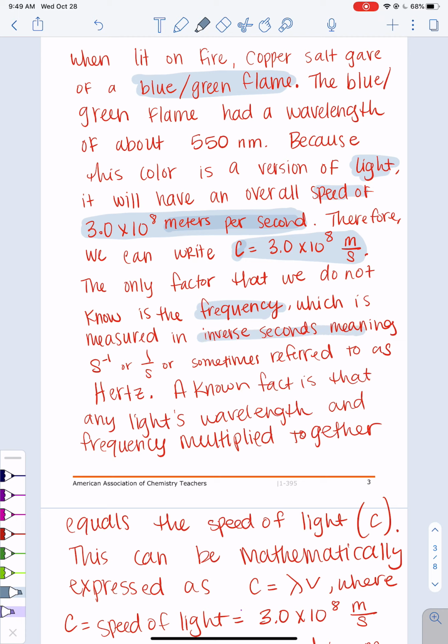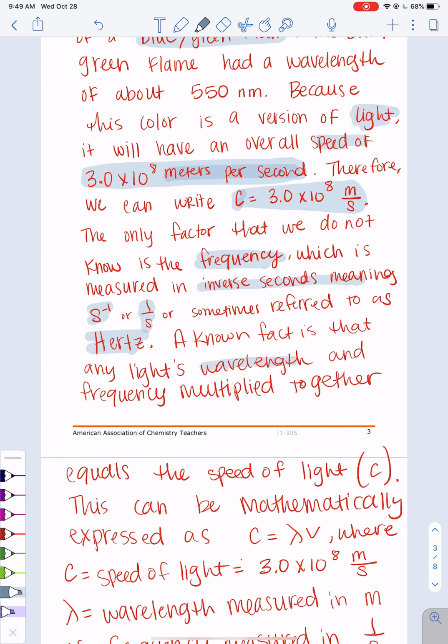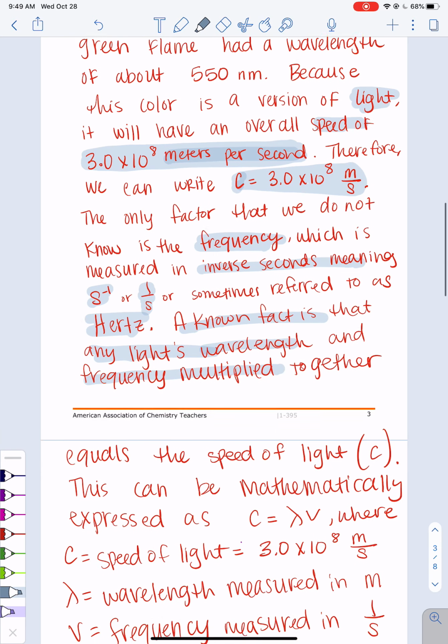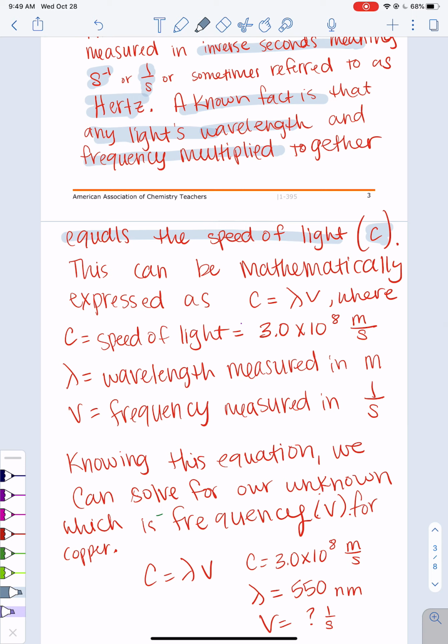Inverse seconds is 1 over s, or s to the minus 1, or sometimes that is referred to as hertz. A known fact is that any light's wavelength and frequency multiplied together equals the speed of light, which is c. So this can be mathematically expressed as c equals lambda v, where c equals the speed of light, lambda equals the wavelength, and v equals the frequency.